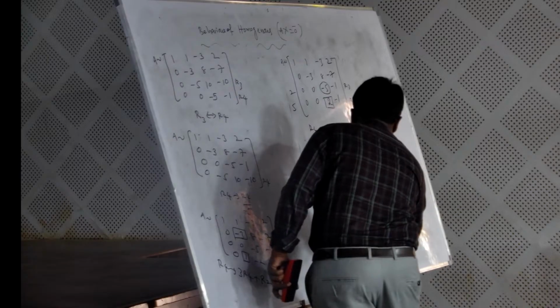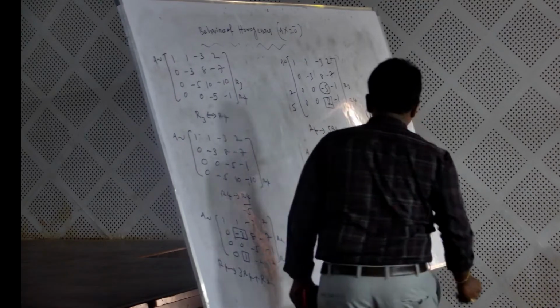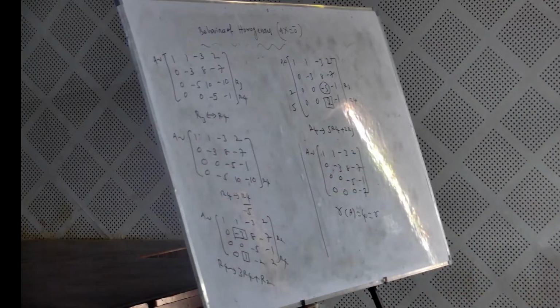Rank is... is there a zero row? No. All are non-zero rows. Therefore, what is the rank of the matrix? What is the number of unknowns? What are they? X, Y, Z, W. Excellent.